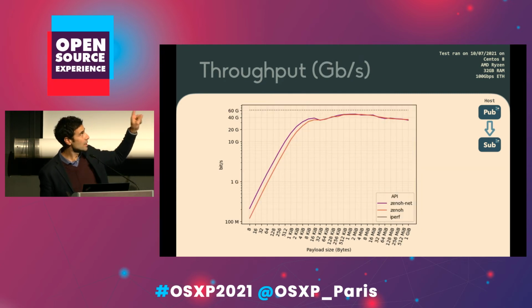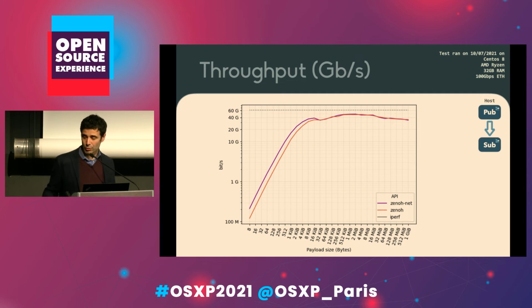You see that in dashed line, that's iPerf throughput, which is a little bit less than 60 gigabit per second, and we arrived at 56 gigabit per second at roughly 16 kilobyte payload. We saturate a gigabit network, by memory, at 32 byte, and a 10 gigabit network at 512 byte payloads. So you can imagine we play lots of tricks in terms of batching and network scheduling.